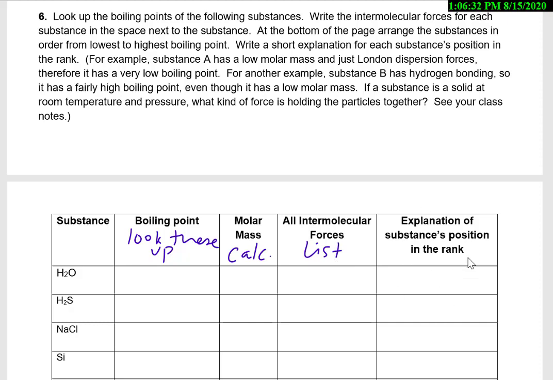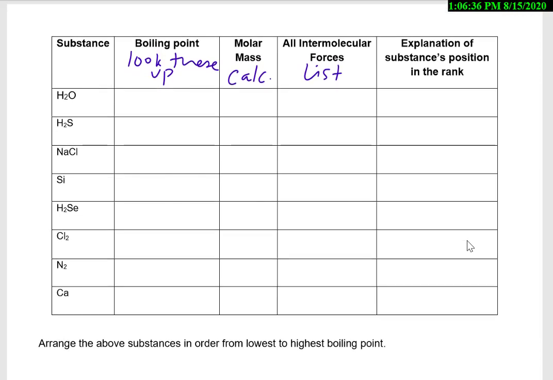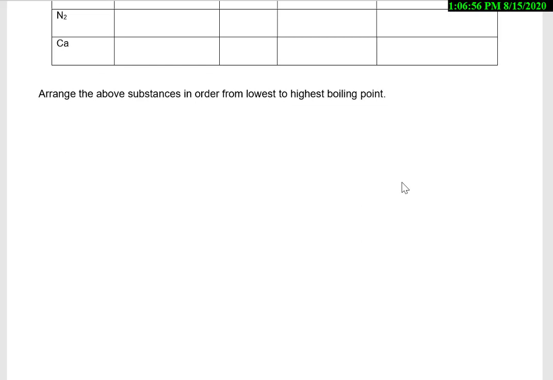And then you'll just rank them looking at what their order is. So anything with a primary bonding force is going to be higher than anything that doesn't. And then you'll compare from there on the London dispersion, dipole-dipole, and hydrogen bonding.